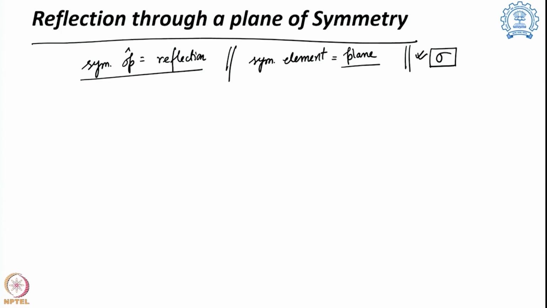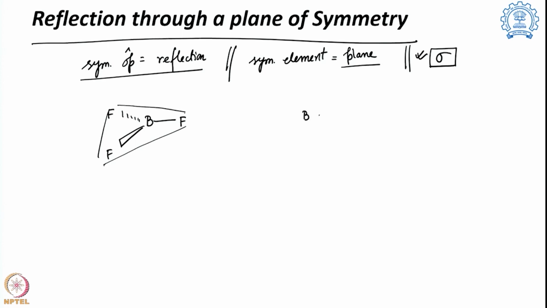Now again, how to find it out? Again we are going to take some examples, starting from BF3. So in this BF3 molecule, do I have a plane of symmetry? And the answer is yes, we have. This molecular plane itself is a plane of symmetry.